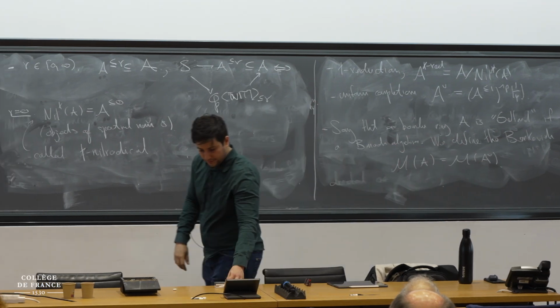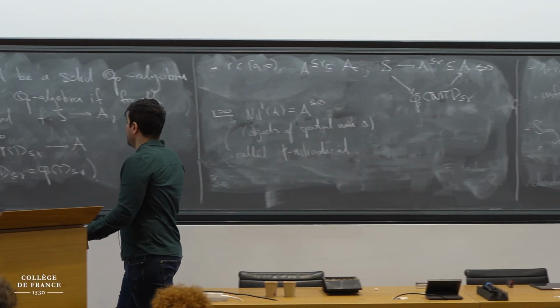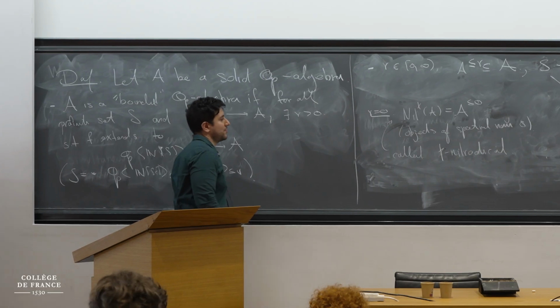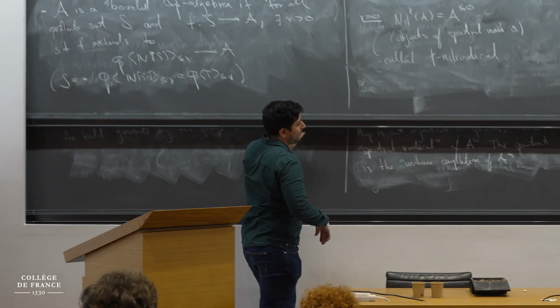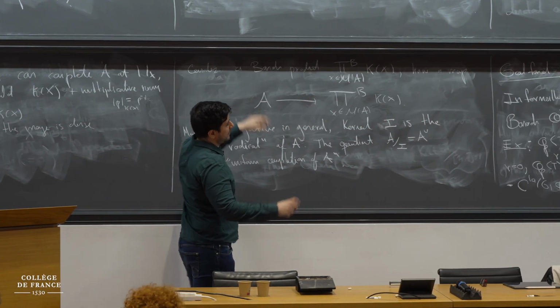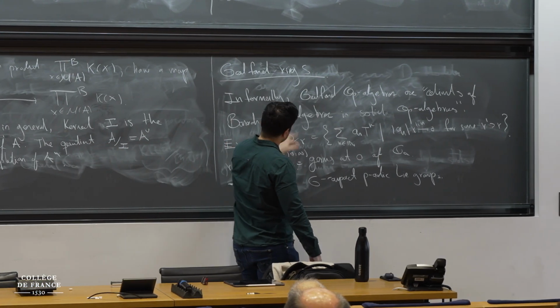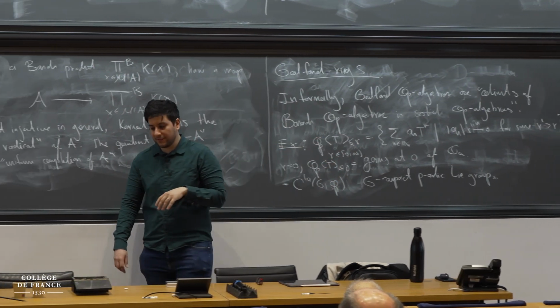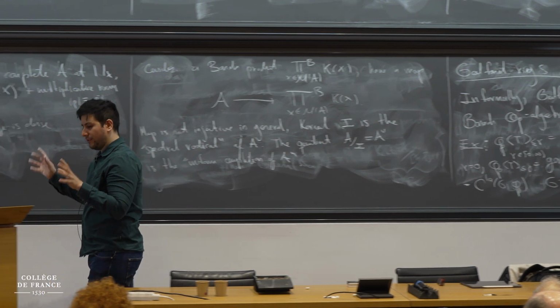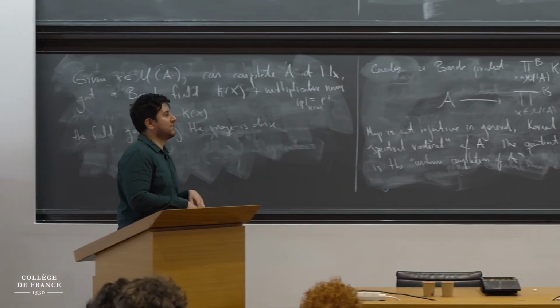So just as a last comment before the pause. The previous definition, the one that was written on this board, says that Gelfand rings are colimits of Banach algebras. This is almost true. Maybe the thing that is actually true is that bounded rings are colimits of some generalized version of Banach algebras.